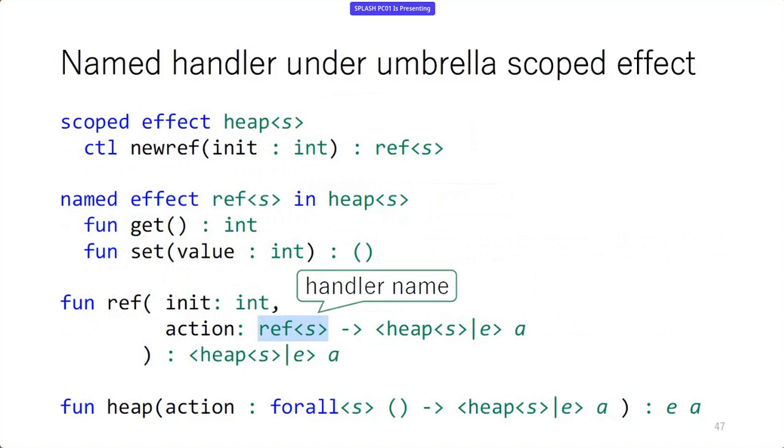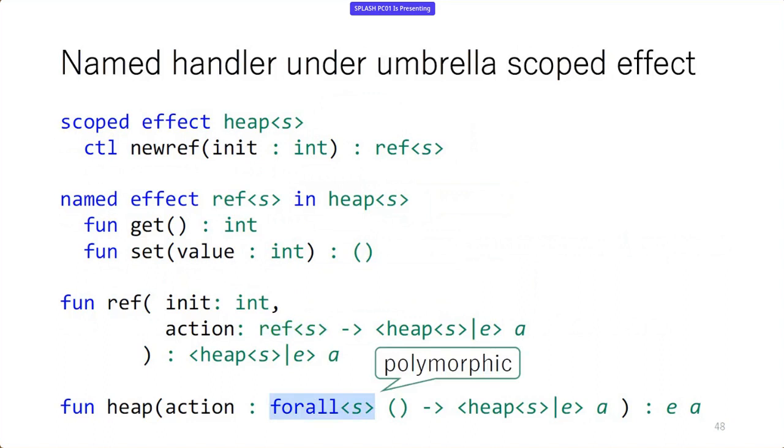And in the type of the action for the heap handler, we universally quantify over this scope variable. And this allows us to dynamically create multiple references under a single heap. And it also guarantees that we will never access a reference outside of the heap.